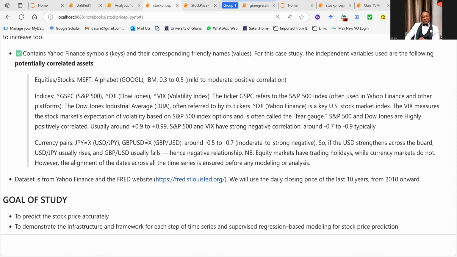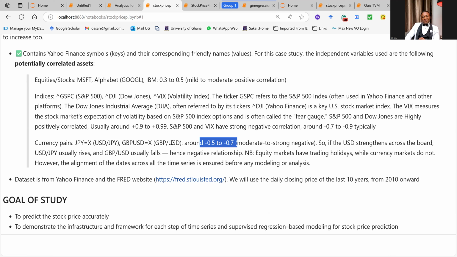The other group of variables are the currency pairs. So we are looking at currency pairs from the Forex market. The first is the JPY/USD, that is the Japanese yen and the US dollar. And then the other one is the British pound and the US dollar. Just writing them like this is not enough; you must actually tell the reader that the correlation between these two variables is 50 to 70% negative.